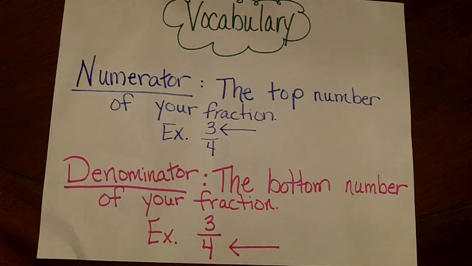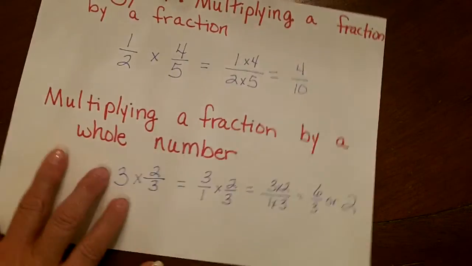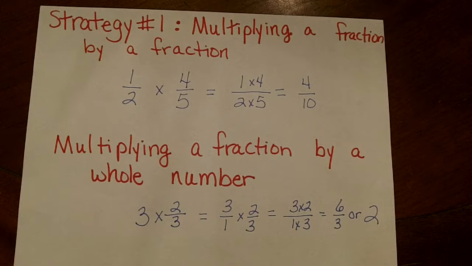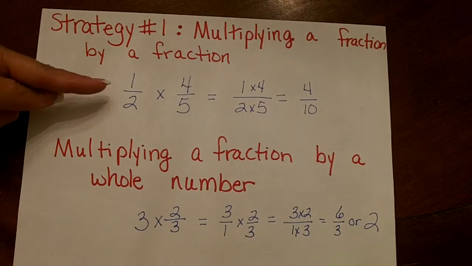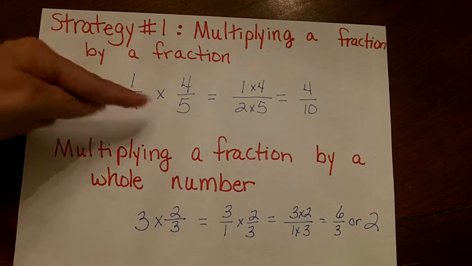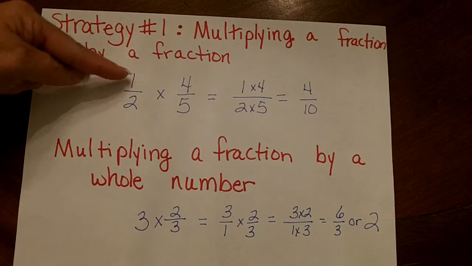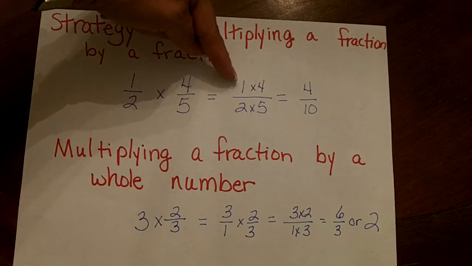Alright, let's look at some different strategies that we've been using in class to multiply fractions. The very first strategy that we've looked at is multiplying a fraction by a fraction. And what we're doing here is I have an example of 1/2 times 4/5. So when we're multiplying the fractions, we're going to multiply our numerators first, 1 and 4.